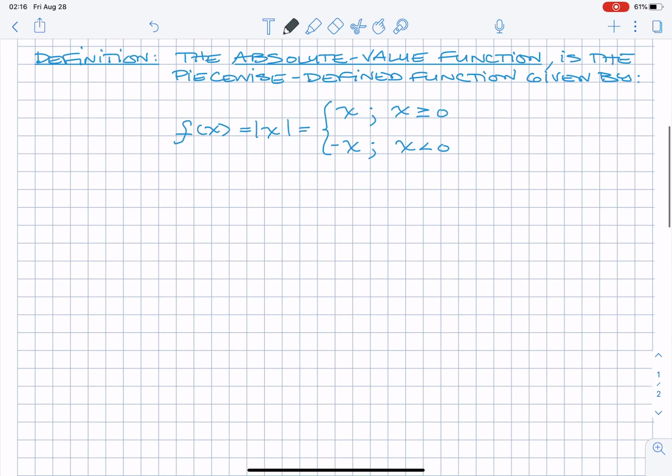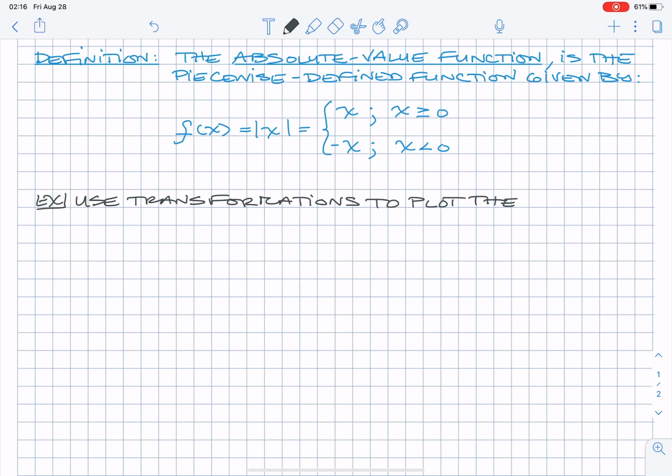Okay, so for example, let's use transformations to plot the following absolute value functions.